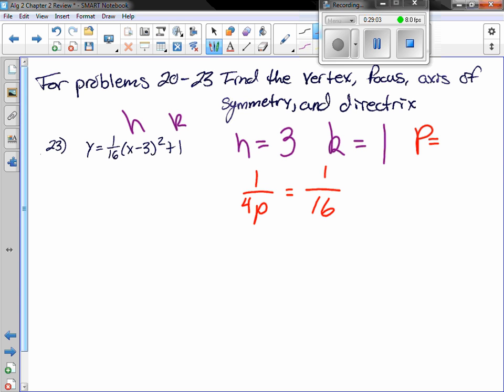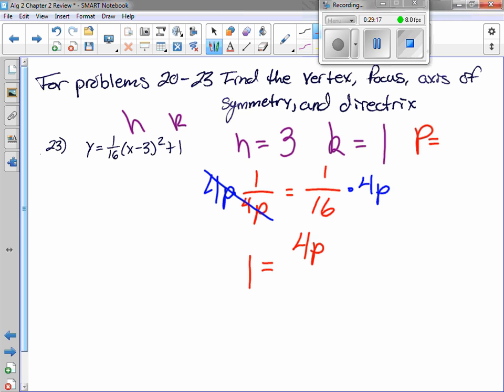Now the first thing we're going to do here is what, after we set it up? We're going to multiply both sides by 4p. Because this 4p and 4p will cancel, leaving us with 1 is equal to 4p over 16. Again, when we multiply a whole number by a fraction, it only multiplies with the numerator.